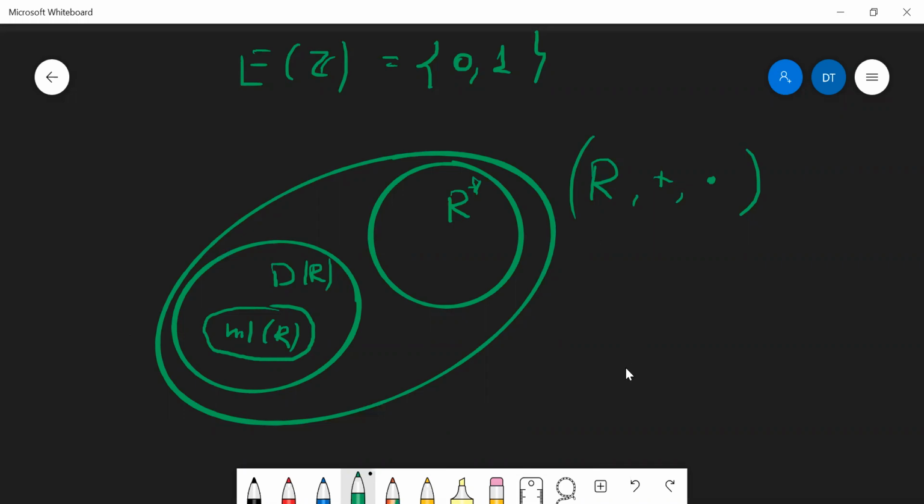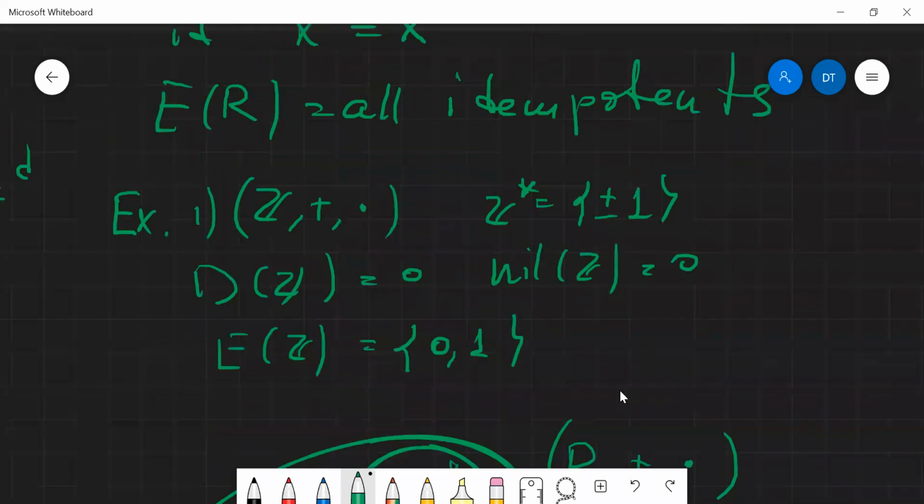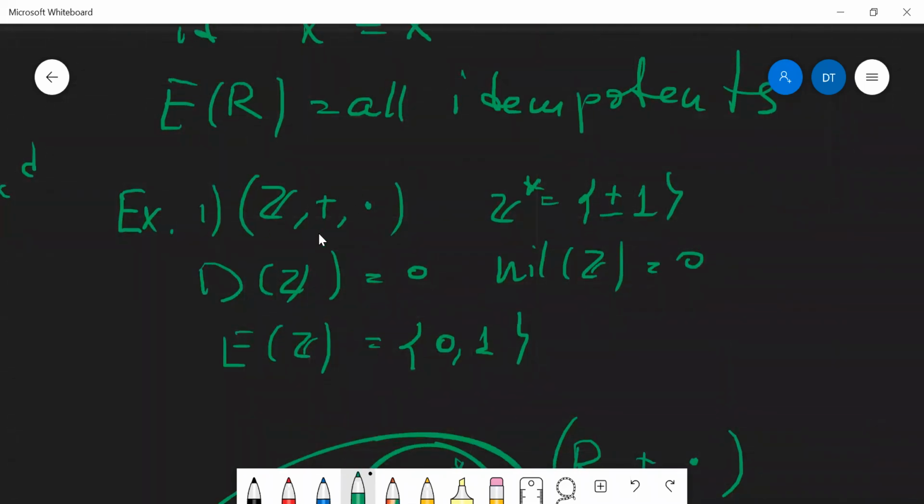If we have idempotents, well, I don't want to write them here. Why is 2 not invertible in the ring of integers? Because there is no other integer such that you multiply 2 by it and the result will be 1.